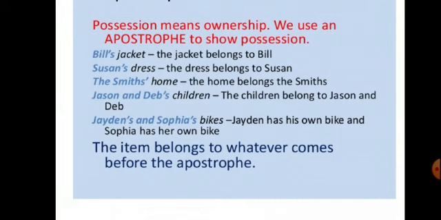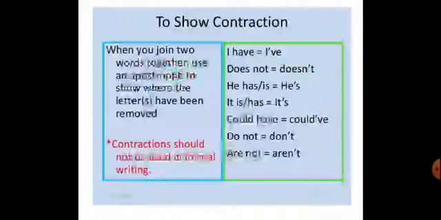In order to avoid repetition, I will not say Jaden's bike and Sophia's bike. No, I will say Jaden's and Sophia's bikes. It means that each one has his or her own bike, but I will use the apostrophe S for each one of them and then put plural for bikes. So the item belongs to whatever comes before the apostrophe.